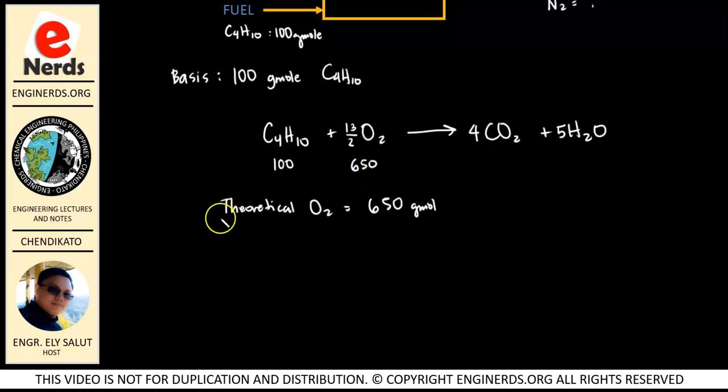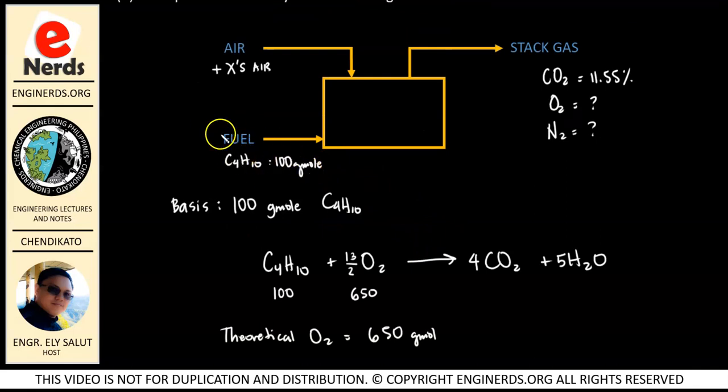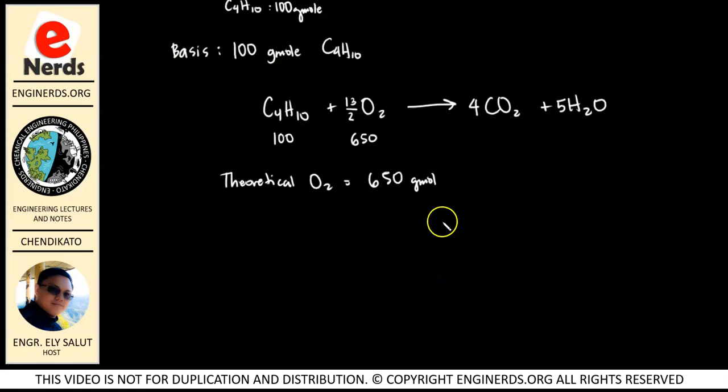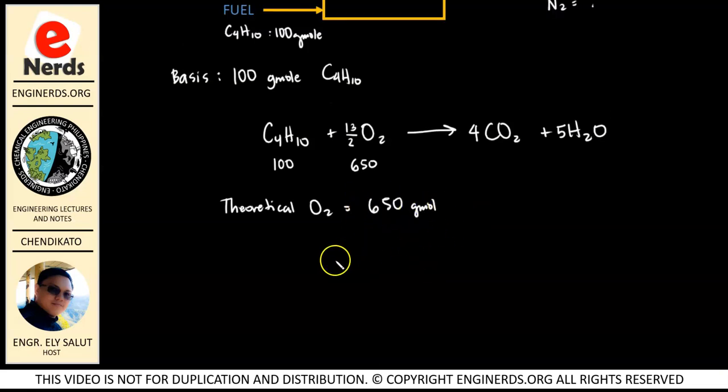So how are we going to determine the amount of oxygen that we supplied? We know now that we have 650 gram mole of O2 needed for complete combustion. But because we supplied excess air, we know that the amount of air or O2 supplied is more than 650 gram mole. We have to take note that this O2 supplied is coming from air.